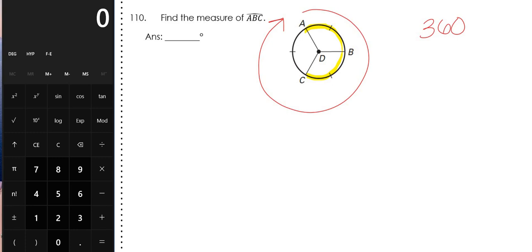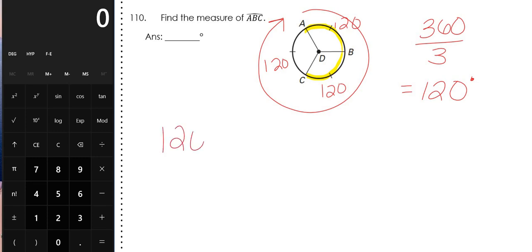So if I divide 360 by 3, I'm going to get 120 degrees for each of the arcs. So I have 120 here, 120 here, 120 here. They want ABC, which is 2 of the 120s. So 120 plus 120 is equal to 240. That's the measure of arc ABC, 240 degrees. Pretty simple. Okay, let's move on.